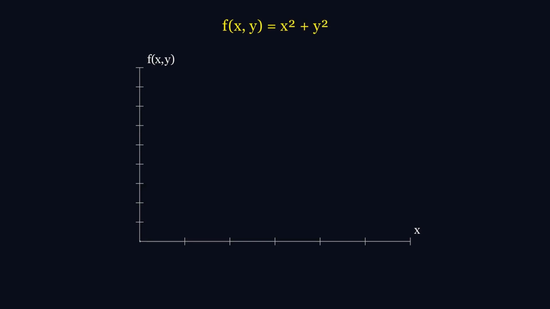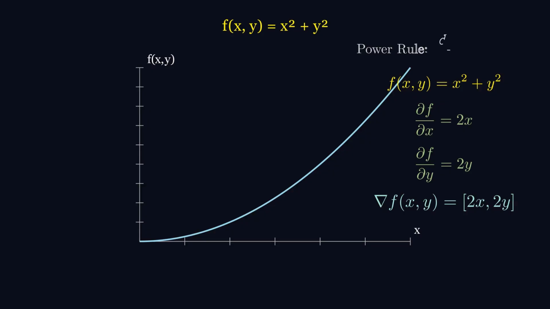Now mathematically, gradient is a vector that points toward the direction where the function increases the fastest. Now in our case, let's have a look at our example, f(x, y) equals x squared plus y squared. If we take a partial derivative of this function using the formula, then we get 2x and 2y as the gradient.